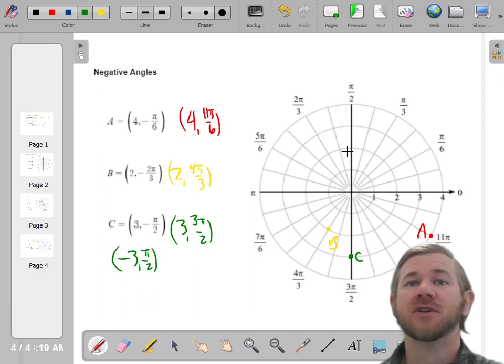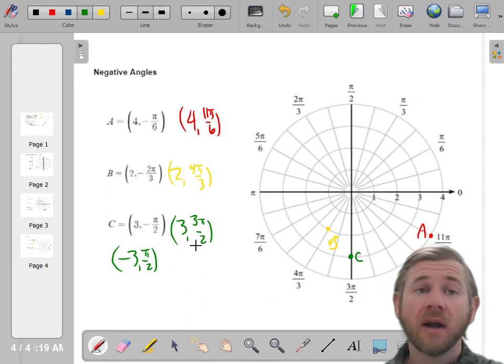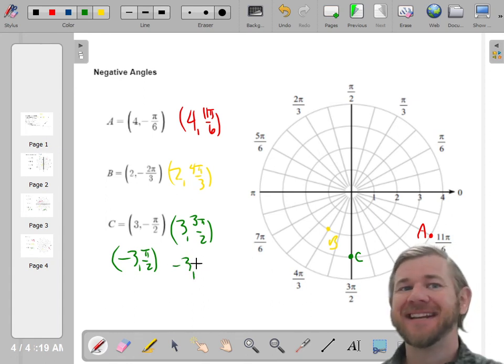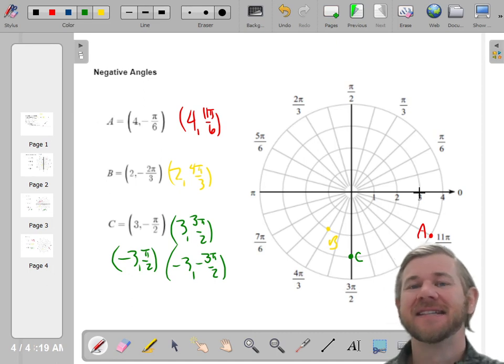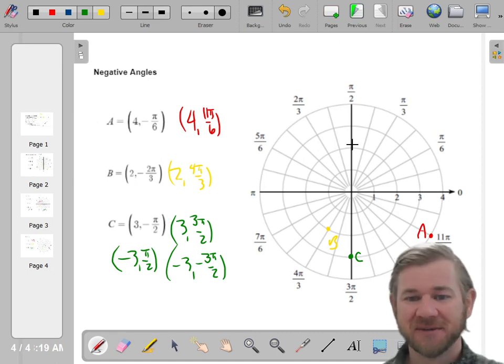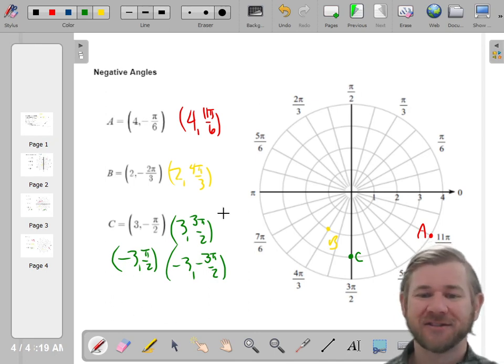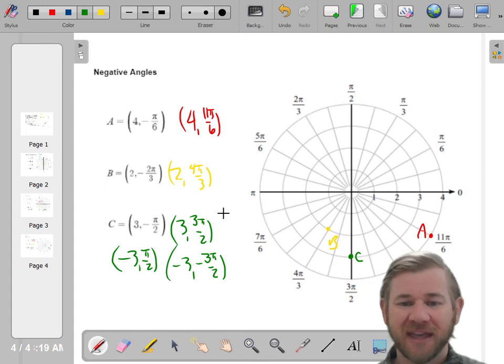Face pi over 2 and go backwards 3 rings. 1, 2, 3. Or you could say negative 3 comma negative 3 pi over 2, which is the most ridiculous. So face negative 3 pi over 2 and then have the radius be negative. Whew. That's 4 different ways to describe the same point, and you could do that with any polar pair.